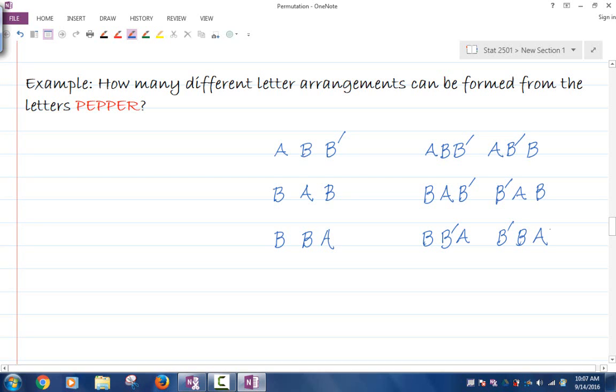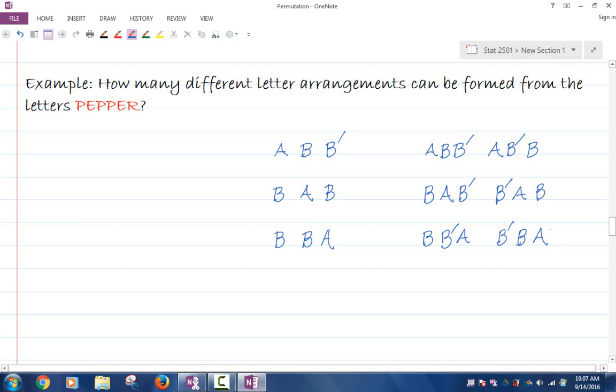Is that making sense? If for a second I label one of the 2 B's as B prime and think of them as distinct objects, then there are 6, or 3 factorial, permutations. Now if I think of B and B prime as the same, then I have only 3 permutations, right?